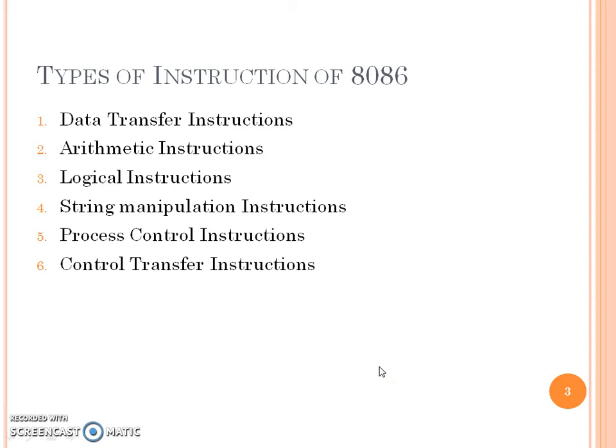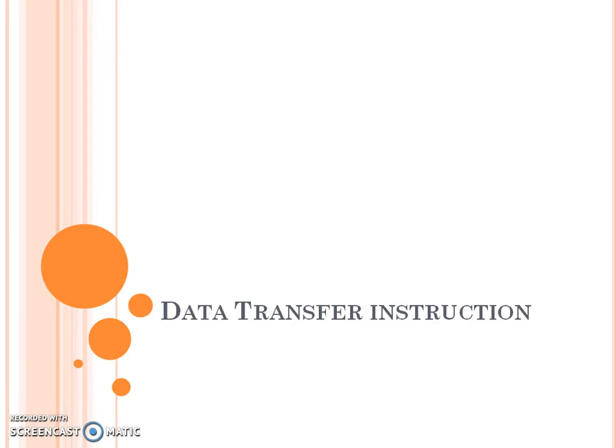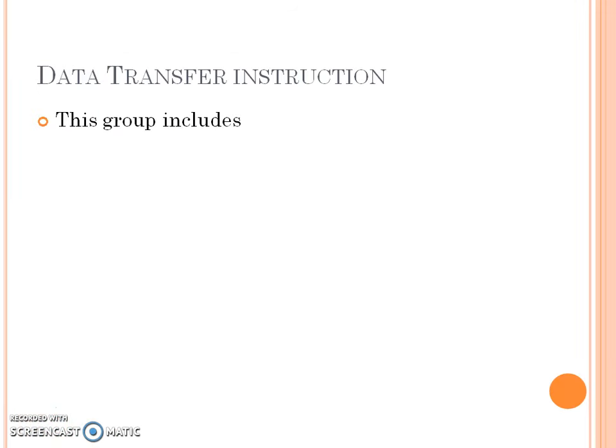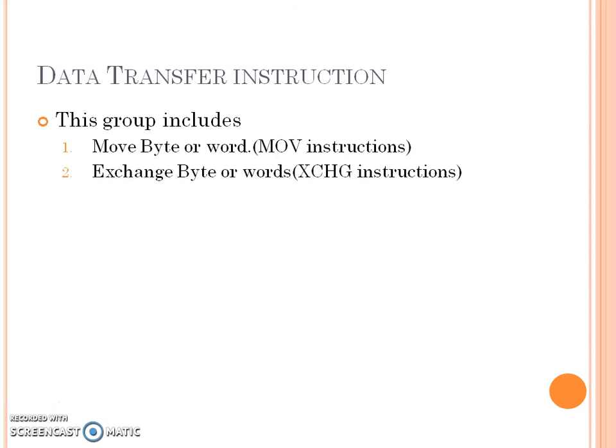So first we will look at the different data transfer instructions available. The group includes first, moving a byte or word of data from one memory location to another, and second, exchanging bytes or words, that is exchanging the contents of the given addresses with this instruction.